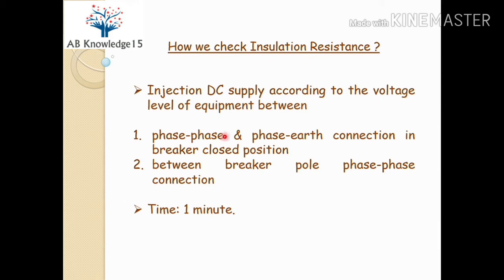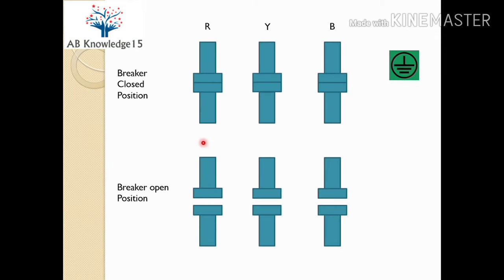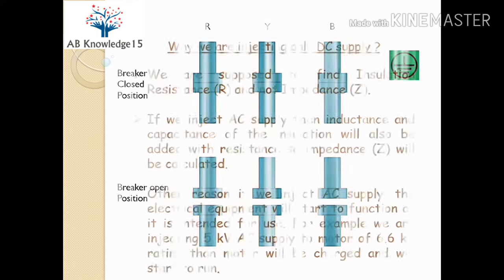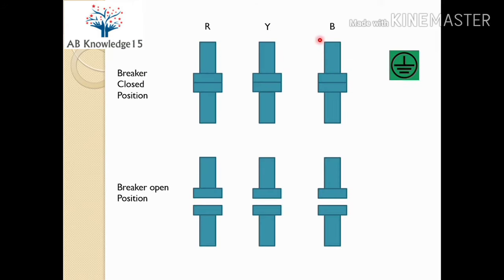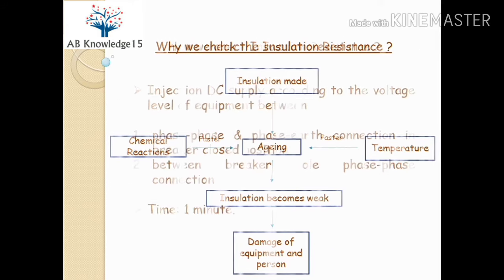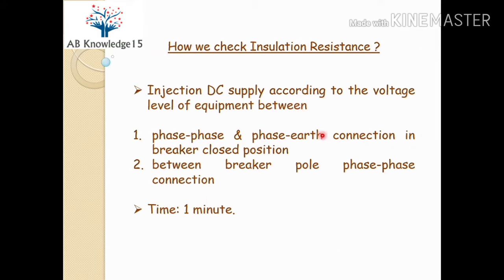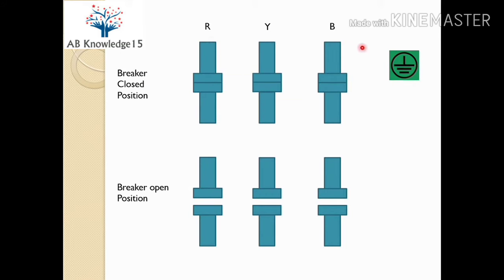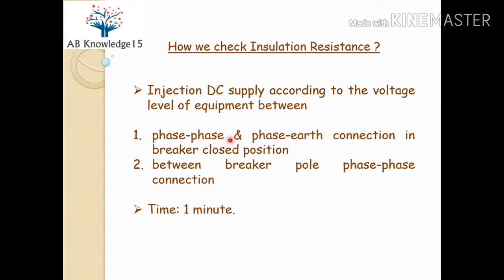In the closed position, you inject the DC supply between phase to phase, meaning R and Y, or Y and B, or R and B, and between phase to earth. So R to earth, Y to earth, and B to earth. In the breaker closed position, you can check IR by these three steps.